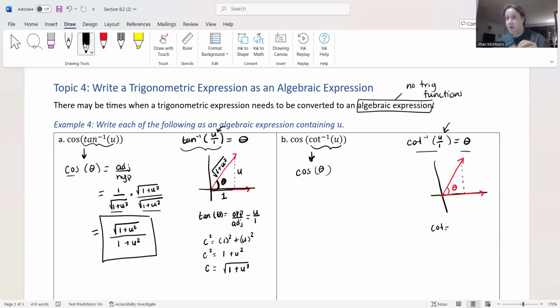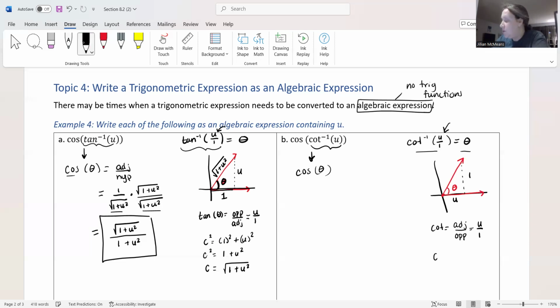Tangent is opposite over adjacent, which makes cotangent adjacent over opposite. And we know that cotangent has a ratio of u over 1 for this original expression. So the side adjacent to theta has a length of u, and the side opposite of theta has a length of 1. Now we need to figure out what the hypotenuse is because we're going to need it when we go back to cosine.